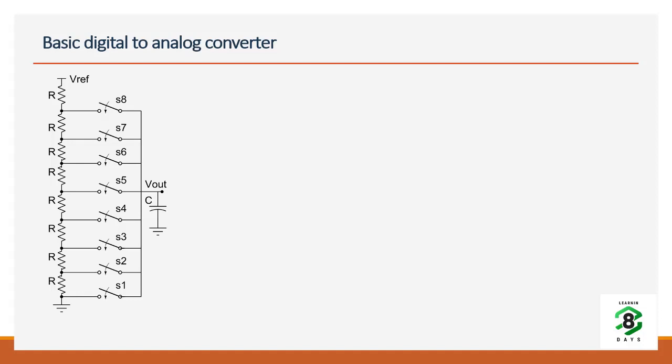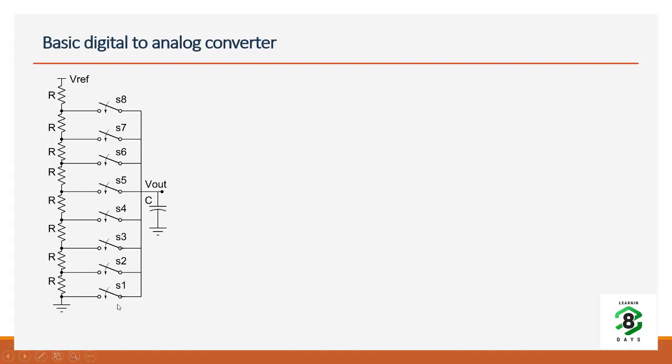And then what I have done is that I have connected 8 selection switches which will help you select the voltage from each of these resistor junctions to the output.